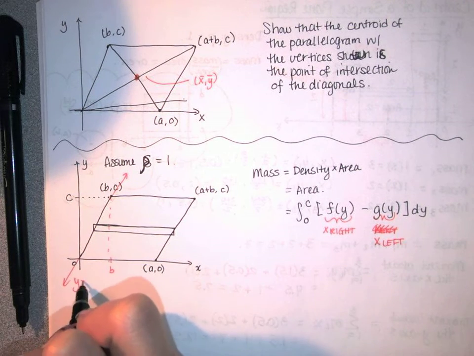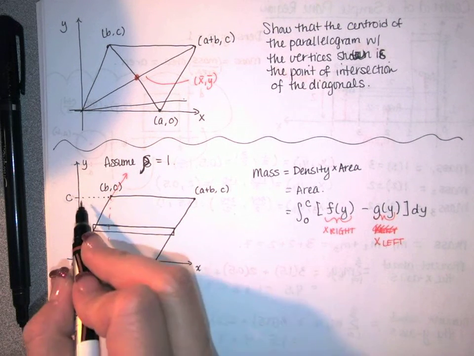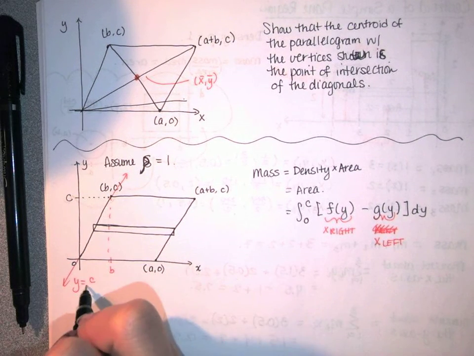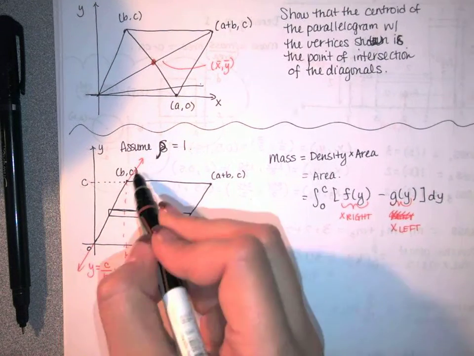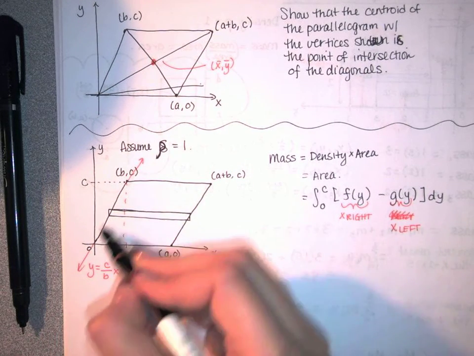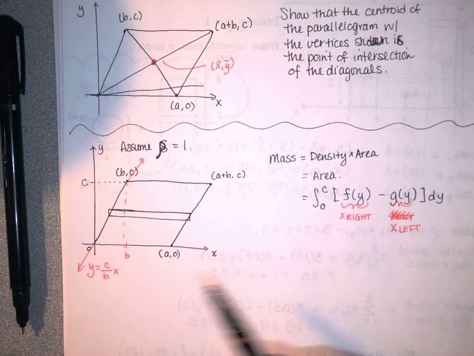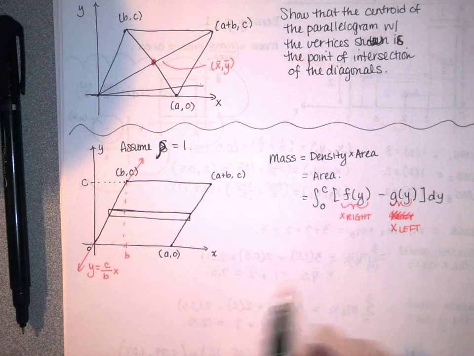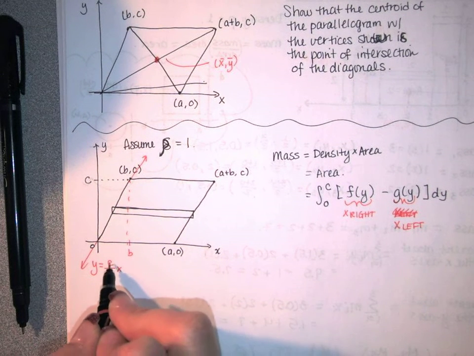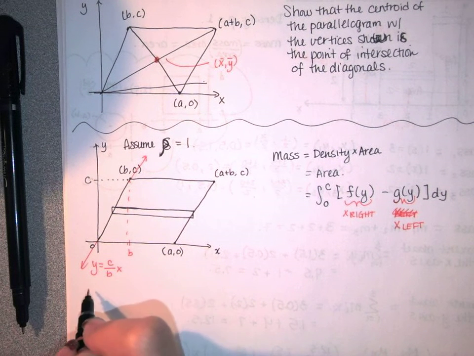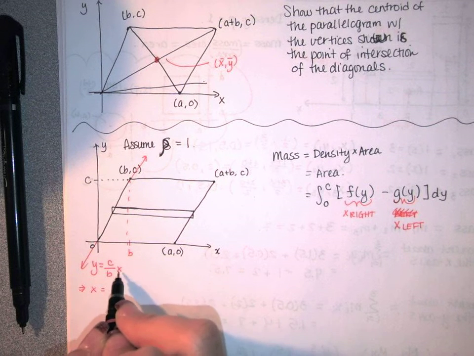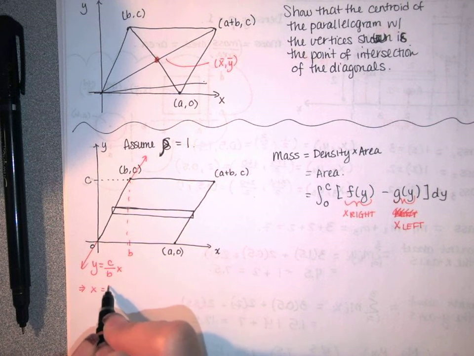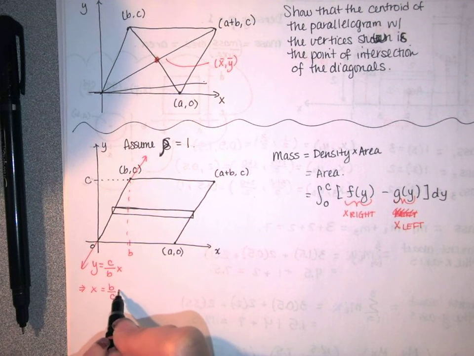So this line is given by y equals rise over run, so c over b times x. So that's the formula for the equation of this line on the left. But I need x on the left as a function of y. So I'm going to multiply both sides by the reciprocal of this. If y is c over b times x, I flip this and multiply, I get x is b over c times y.